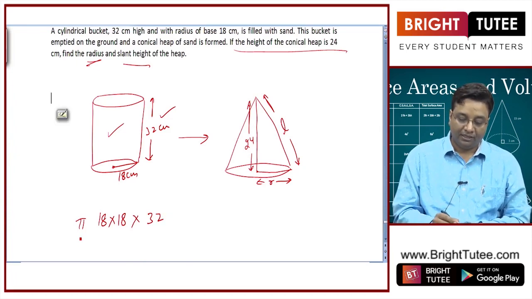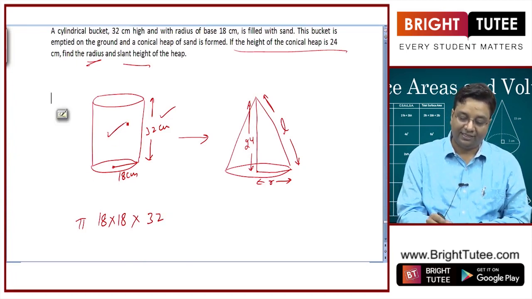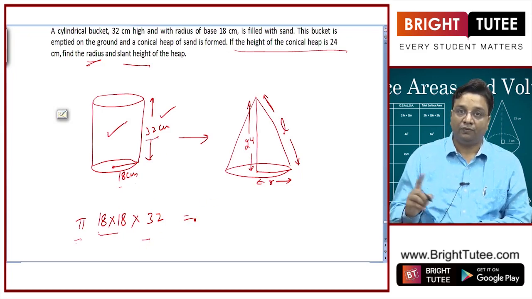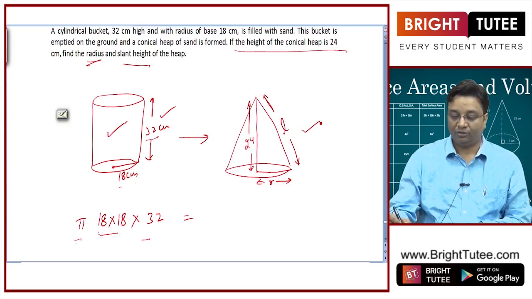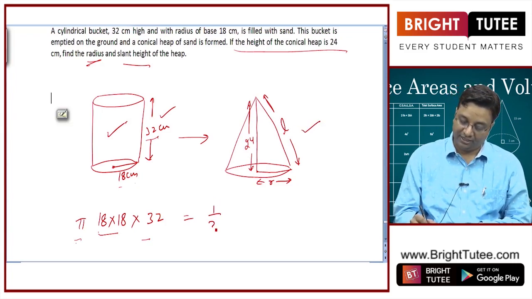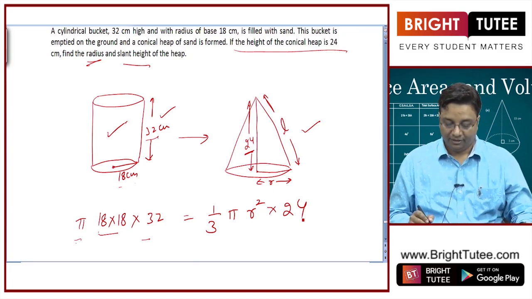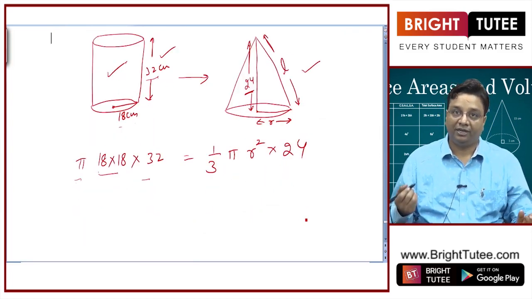So volume of the sand in this cylindrical bucket is pi into 18 into 18 into height 32, and it should be equal to volume of the sand of this conical heap, which is 1 by 3 pi r square into height, which is 24, right. So using this equation we can find value of r.